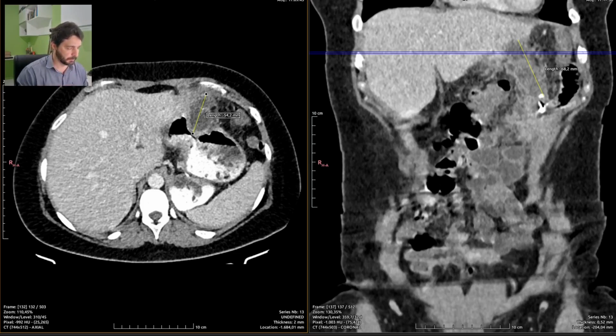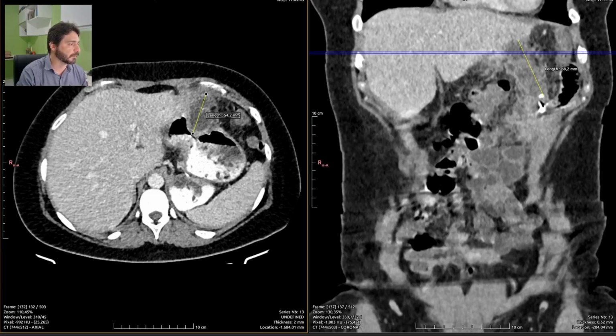Fluid collection. So I described the fluid collection adjacent to the sites of surgery, which is probably a collection of blood and intestinal and gastric fluids all together because of the surgical procedure.